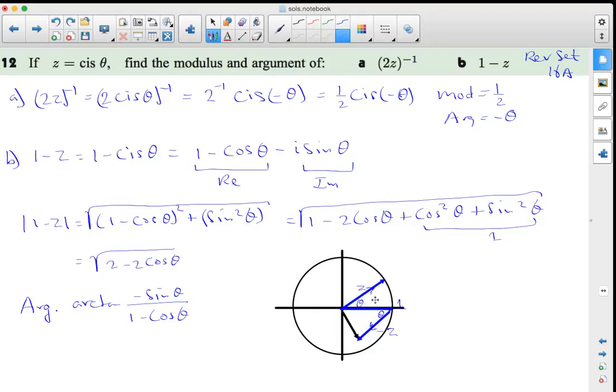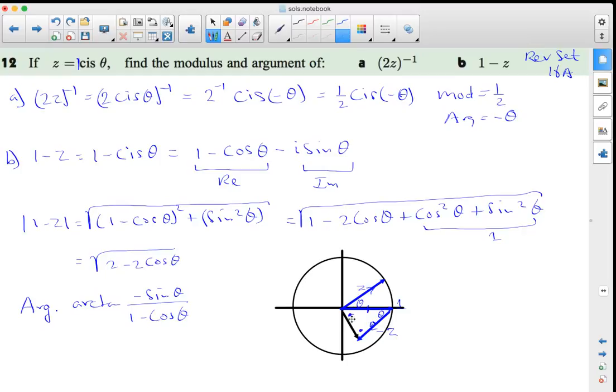Also, the modulus of z is 1, since z is cis theta, and the modulus of 1 is also 1. So this vector here is just as long as our z vector there, which means that this bottom triangle is an isosceles triangle. So this angle there is the same as that angle there.